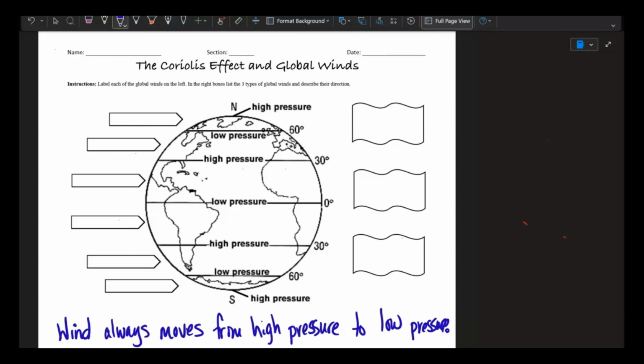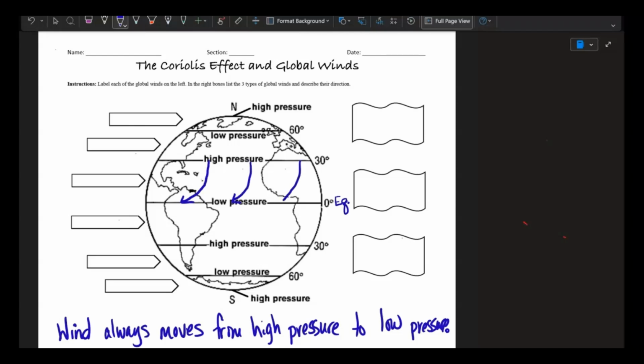So if we're starting here at the equator, and I'm going to label this equator, just EQ for equator, and we are at low pressure, then air is going to be flowing towards that equator from areas of high pressure. So wind leaving high pressure up here is going to head towards low pressure, but remember, because Earth is spinning, it's going to curve.